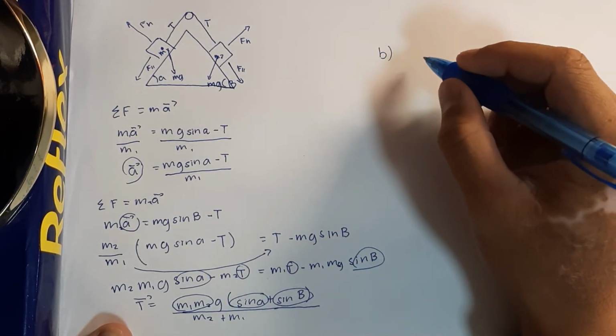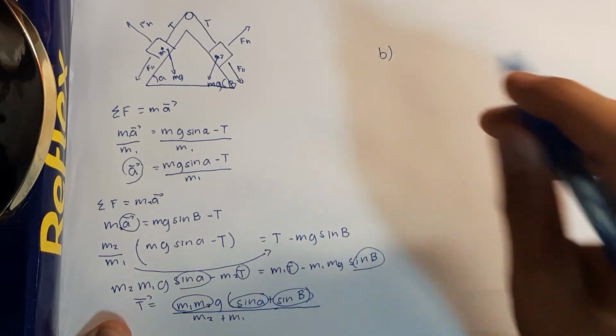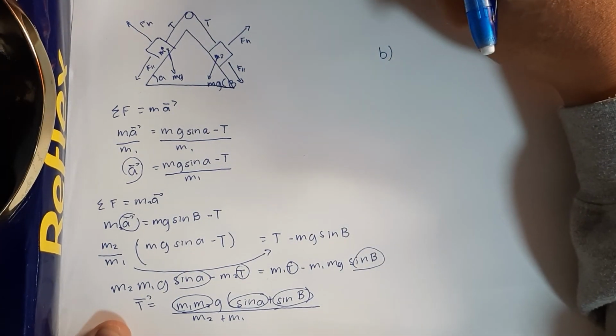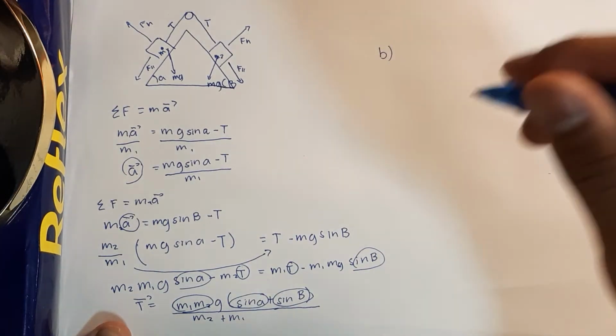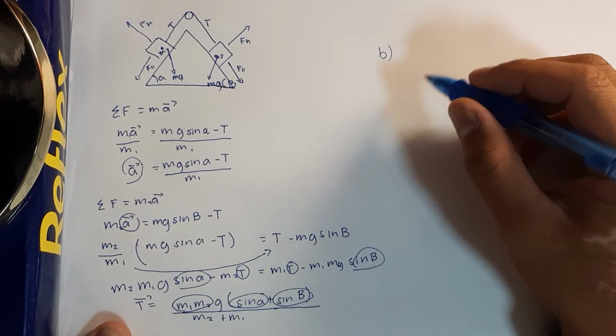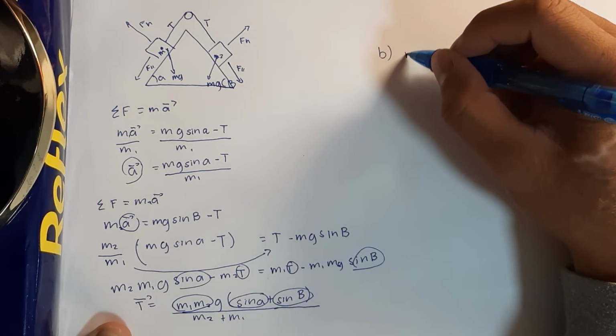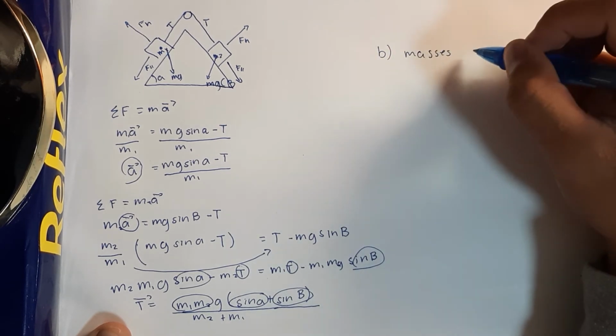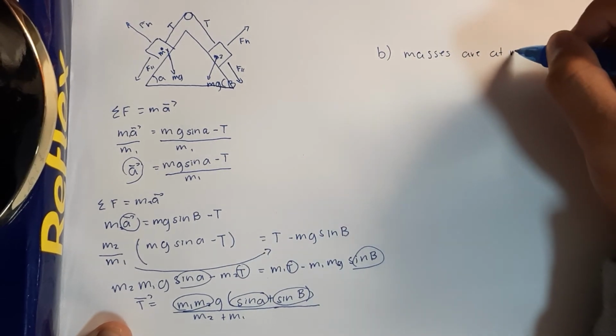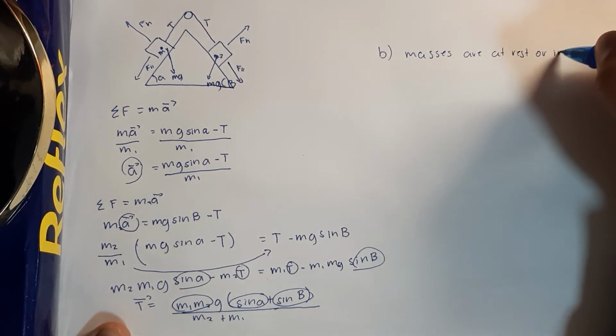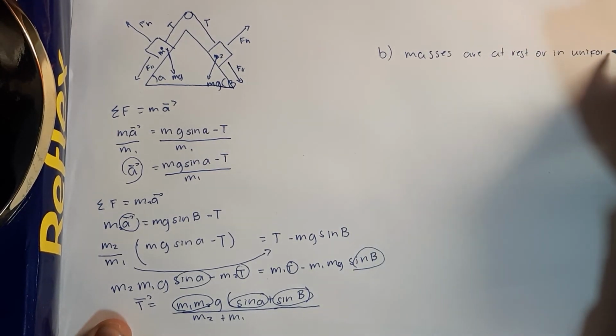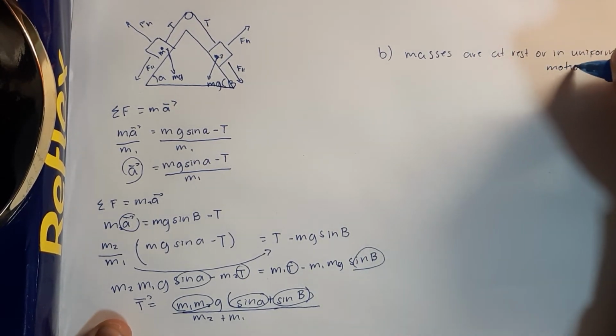Alright, so next is to determine a condition for which the masses are at rest or in uniform motion.